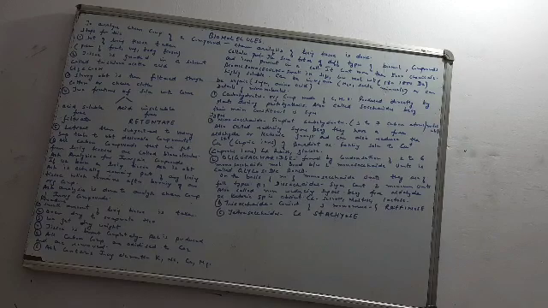Number two, they have low molecular weight. The molecular weight is somewhere between 18 to 1800 daltons, not more than this. So biomicromolecules are those biomolecules which are small in size and have low molecular weights, 18 to 1800 daltons.